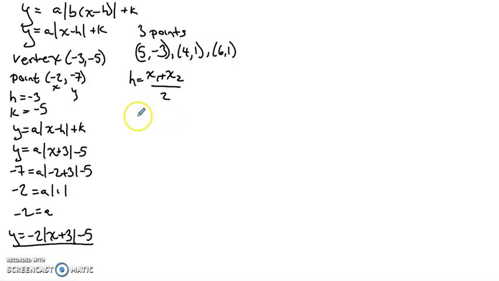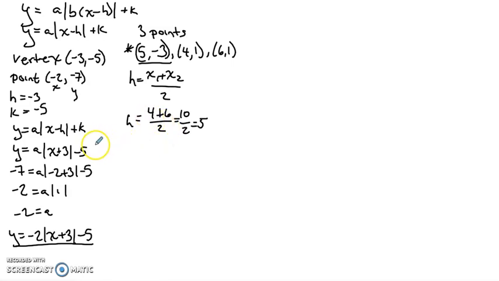So let's do that here. h is (4 plus 6) over 2, which is 10 over 2, which is 5. Now notice that the other point we were given has an x value of 5. So we know then that this actually is the vertex, even though we weren't told that it was.